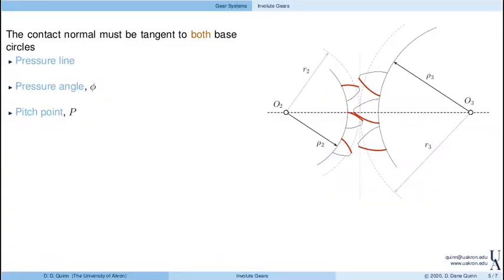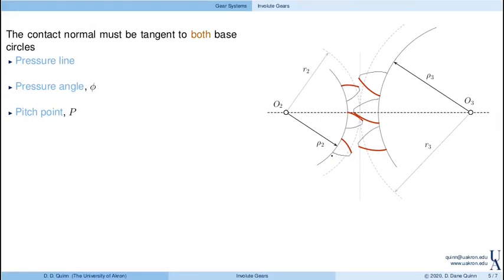So now let's look at what really happens as a pair of gears are conjugate. As we said, the contact normal has to be tangent to both of the base circles, because both tooth profiles are composed of involute curves.